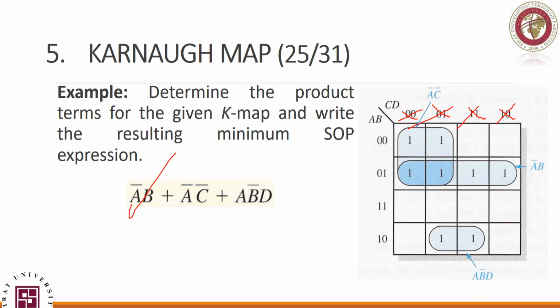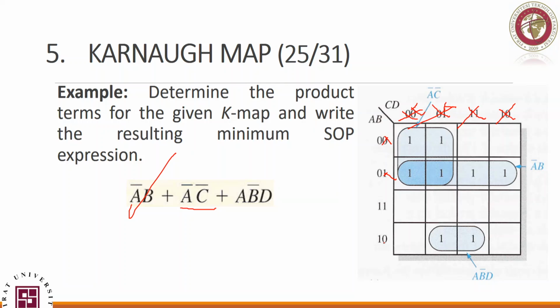How about this 4 here? We have A bar B is cancelled, B bar B is cancelled. Here we have C bar D is cancelled. Okay? So what will be left? A C bar. Okay? The last one here, to group A. Now look, A B bar, there is nothing to group with, but here we have.